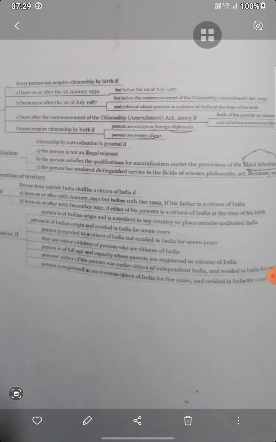Citizenship by descent: a person born outside India shall be a citizen of India if born after 26 January but before 10 December 1992 and his father is a citizen of India, or born after 10 December 1992 and either of his parents is a citizen of India.